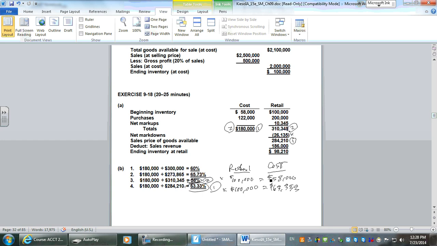What would I do if it was LIFO? What would change? Draw a line here. What's the percentage of the beginning inventory? Was that 58%? 180 divided by 310, 345? That's an interesting coincidence.